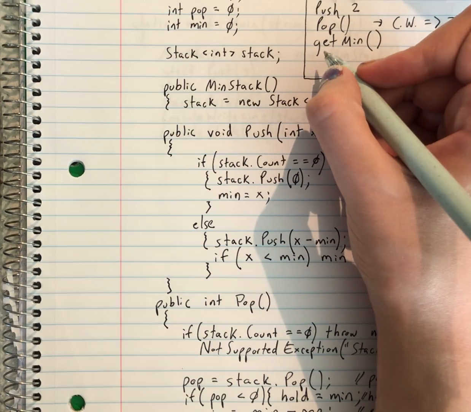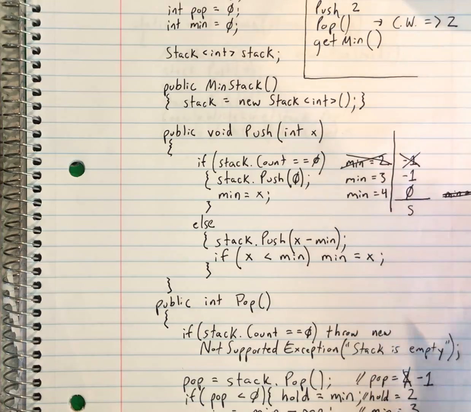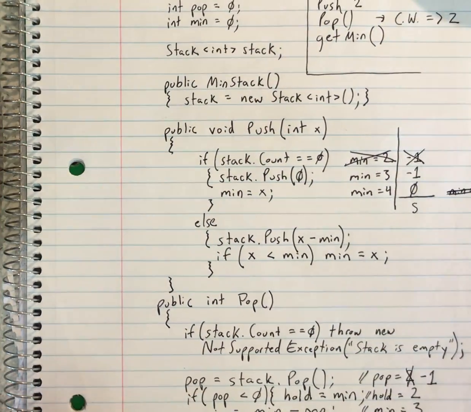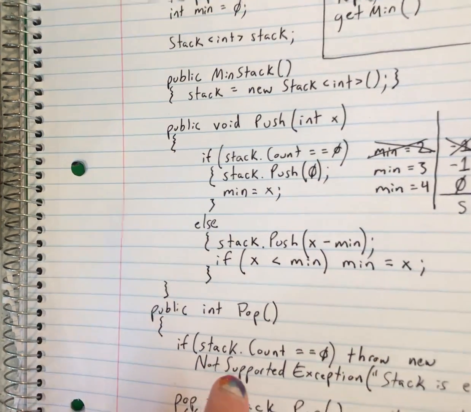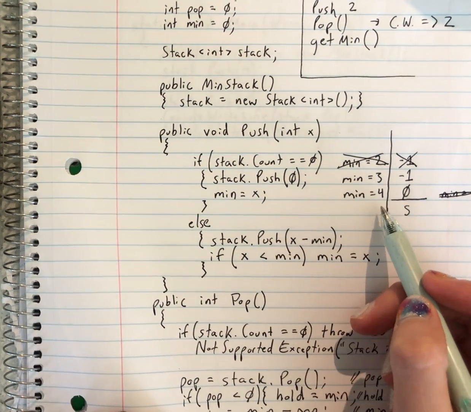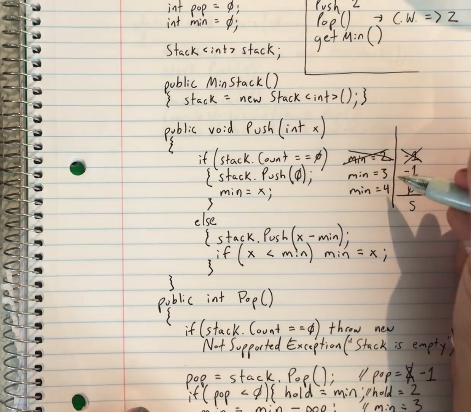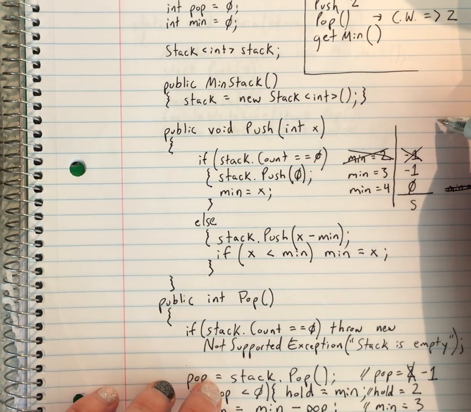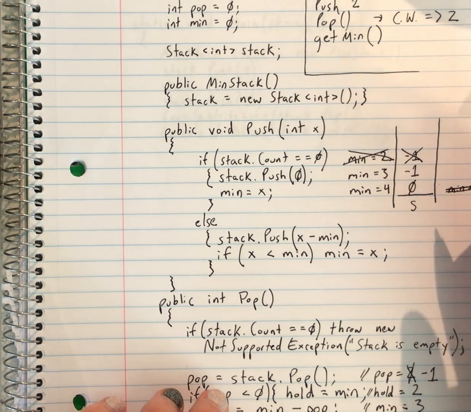Now we have one last thing to do here. We want to enter the getMin method. So remember, the current min is 3. And that holds true because of the values that were entered into the stack. They just happen to be analogous.